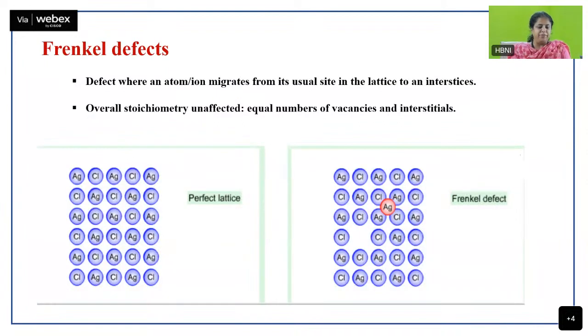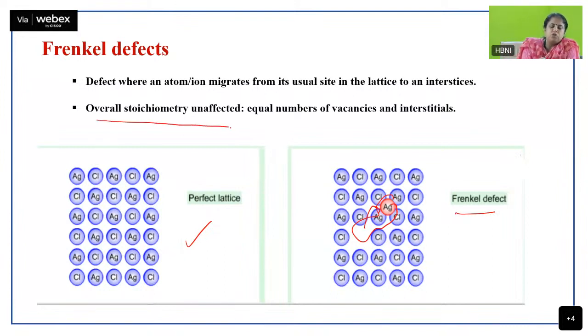Okay. Frenkel defect, perfect lattice AgCl. This particular Ag decides that it doesn't want to stay here and it goes into the interstices. Now this couple, the vacancy and the interstitial, together constitute the Frenkel defect. Now here also, nothing is going out of the lattice, nothing is coming into the lattice.